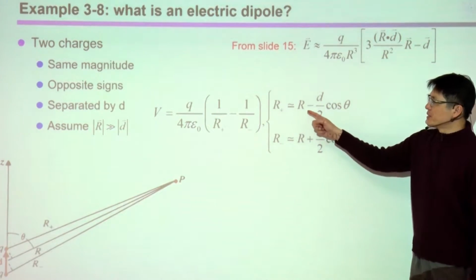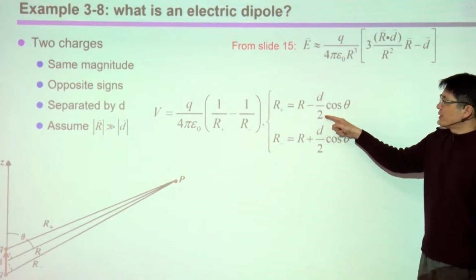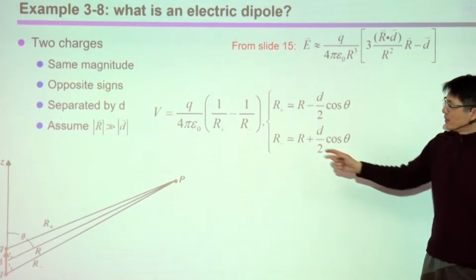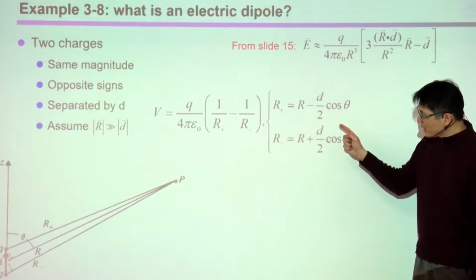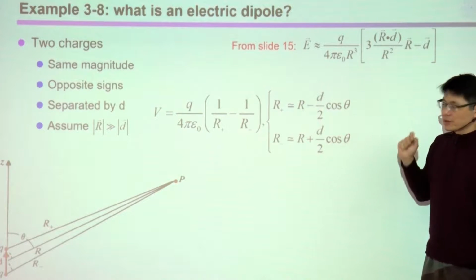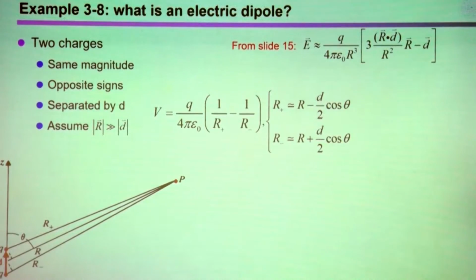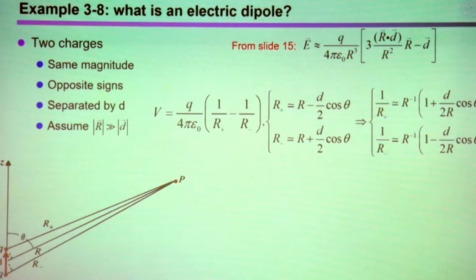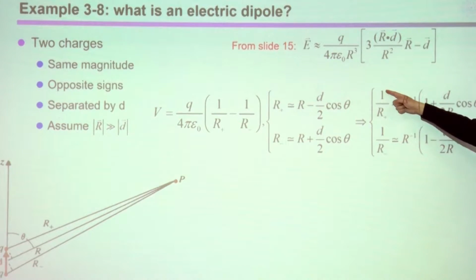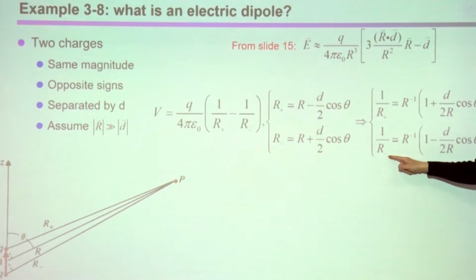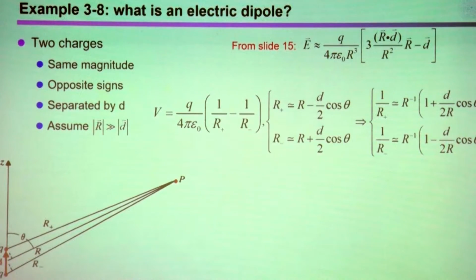So r plus is r minus d divided by 2 cosine theta. R minus is r plus d divided by 2 cosine theta. So using that information, we can directly have the approximation of 1 over r plus and 1 over r minus. So these are just math, and you have the PowerPoint in front of you, so I can go faster.